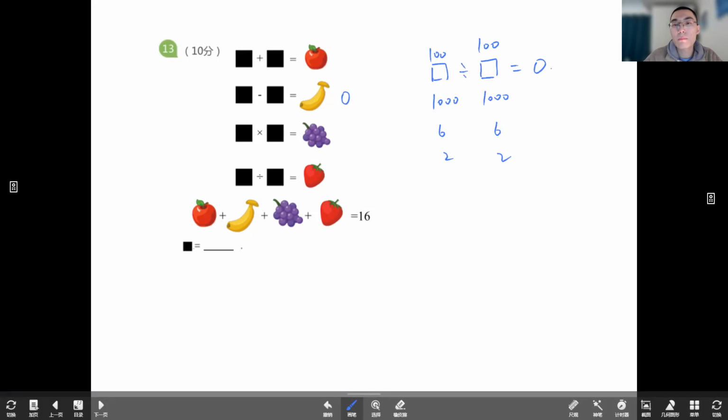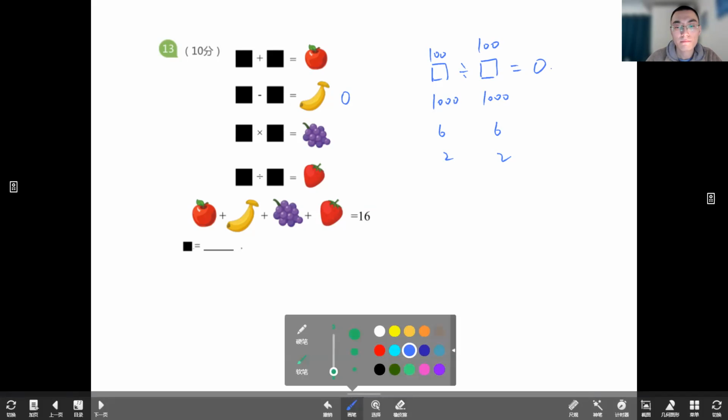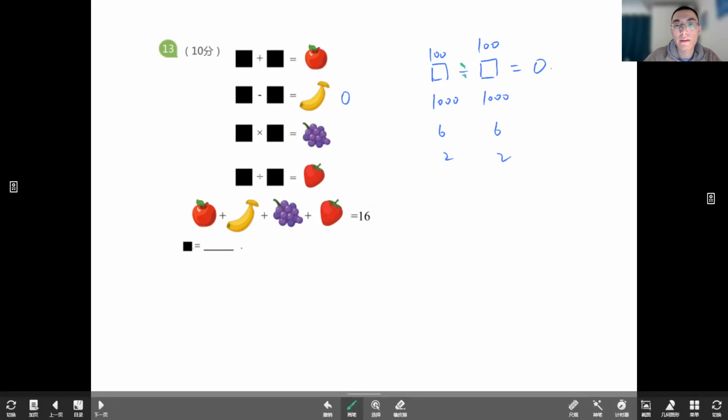Similarly, any number divided by itself, 100 divided by 100, 1,000 divided by 1,000, 6 divided by 6, 2 divided by 2, will always be 1. I will change the color. So the strawberry is going to be 1. We have banana is 0 and strawberry is 1.